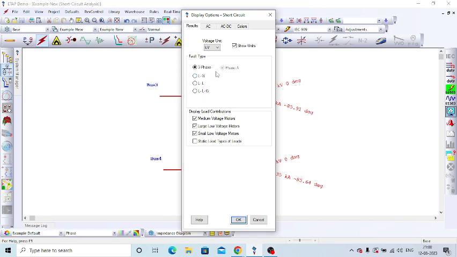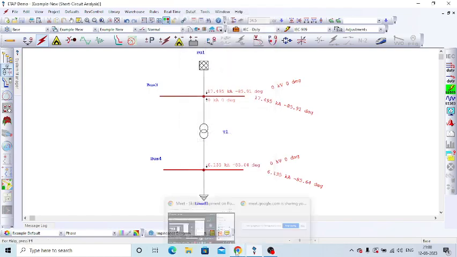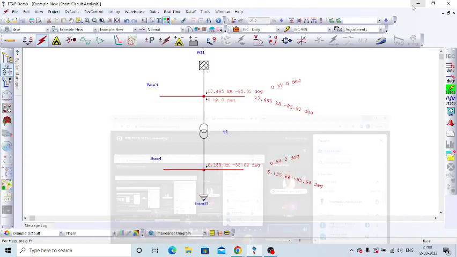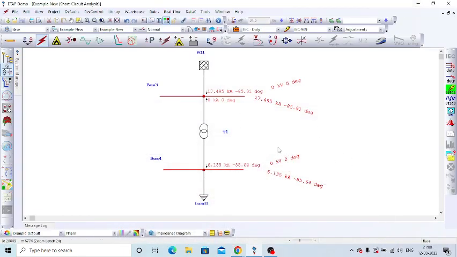Suppose you are calculating the three-phase fault current magnitude, that value is high and the other values are less. So the three-phase fault current is considered for the circuit breaker or other equipment selections. In this single line diagram, we just saw how we can do the fault current study for a typical two bus system.